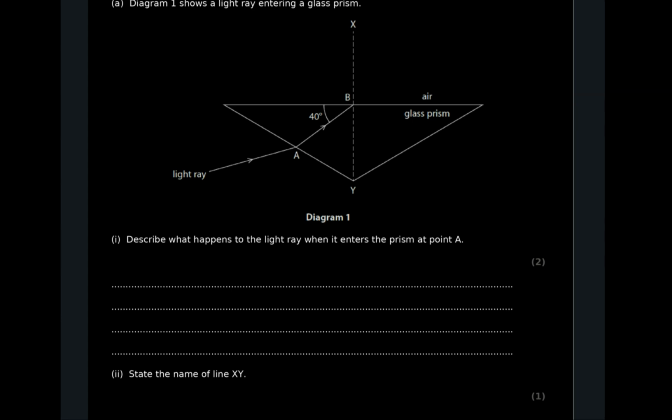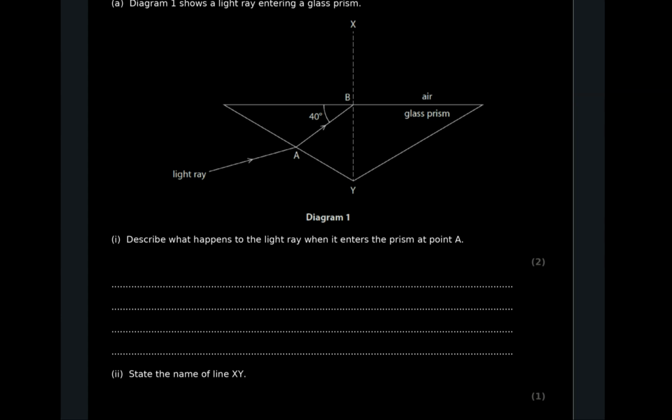Describe what happens to the ray of light when it enters the prism at point A. Look at point A. The ray is moving from air into the glass prism, meaning it's moving from a less dense material to a dense medium, which means that this ray is going to slow down.